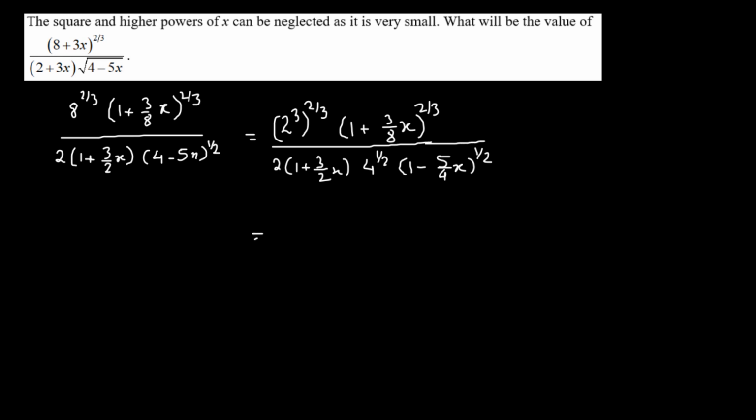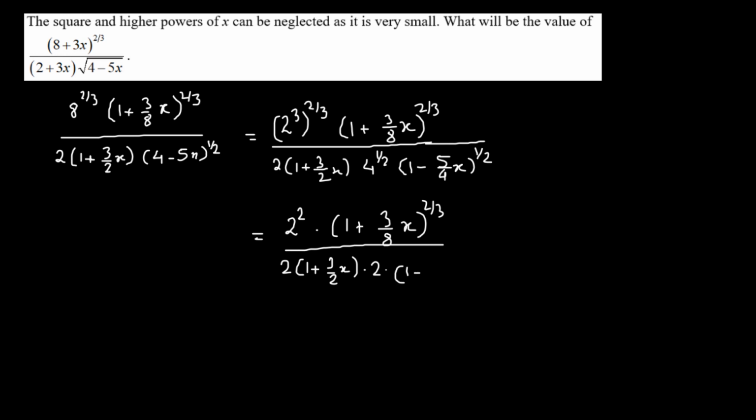So 2 cubed raised to the power of 2/3 is going to give us 2 squared times (1 plus 3 over 8 times x) raised to the power of 2/3 divided by 2 times (1 plus 3 over 2 times x), and 4 raised to the power half is simply the square root of 4, which is going to be 2, times (1 minus 5 over 4 times x) raised to the power of half.